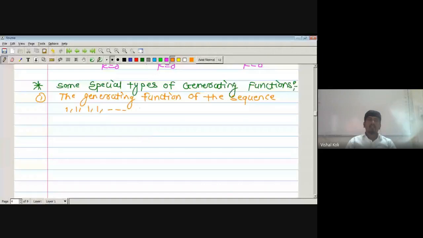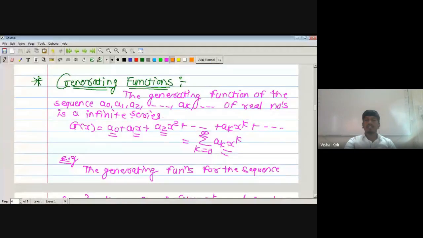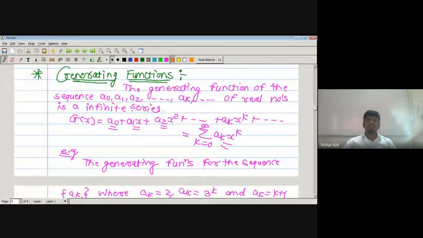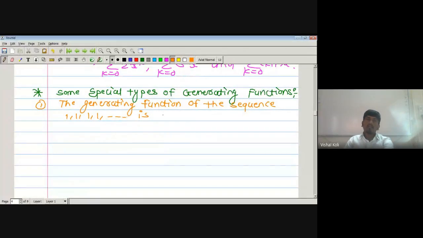If the sequence a naught, a1, a2 up to so on ak of real numbers is given, then its generating function is nothing but summation k running from 0 to infinity ak x raised to k, that is a naught plus a1x plus a2x square plus up to so on ak x raised to k. But here we have been given the sequence as 1 1 1 1 and so on, that is, here a naught is 1, a1 equal to 1, a2 equal to 1, a3 equal to 1, and so on.